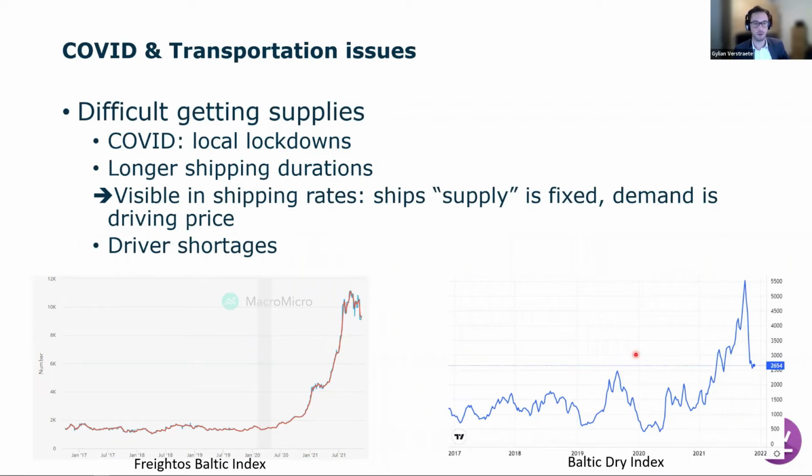So it's showing that those shipping durations are also highly impacting supply chains. And we're also seeing driver shortages. Of course, those shipping issues also have an impact on transportation issues, and they further impact the inflation problem.